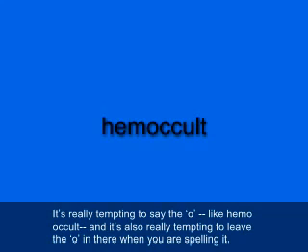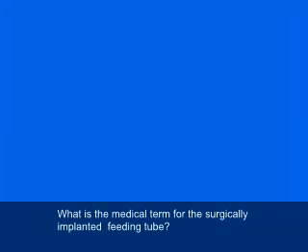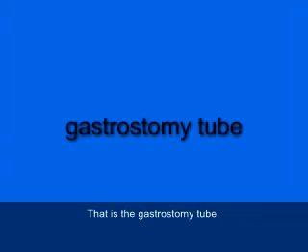It's really tempting to say the O, like hemo occult, and it's also really tempting to leave the O in there when you're spelling it. What is the medical term for a surgically implanted feeding tube? Well, that is the gastrostomy tube.